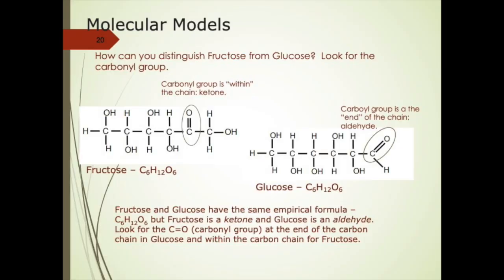So if we look at the molecular model of fructose, we can see that carbonyl group within that chain. So it's more towards the end, right? But it's within the middle area, right?